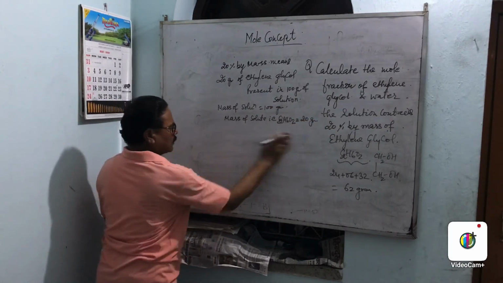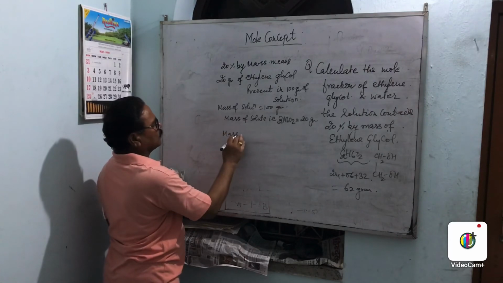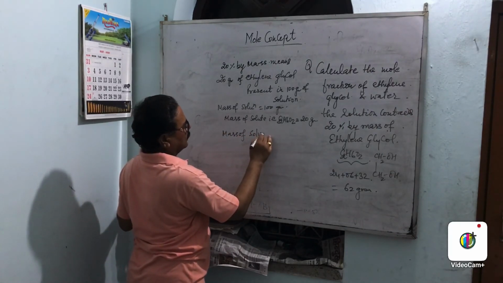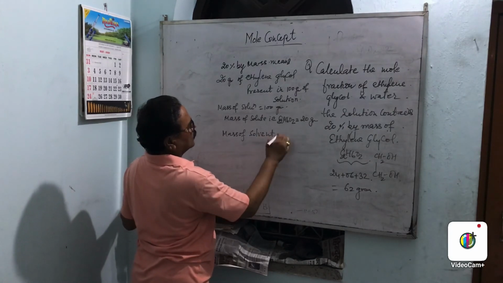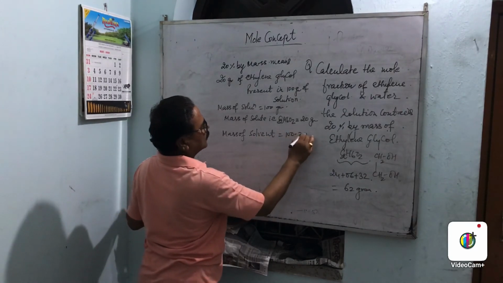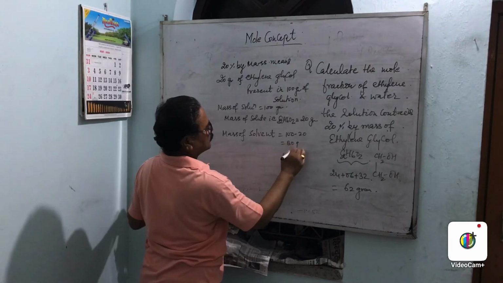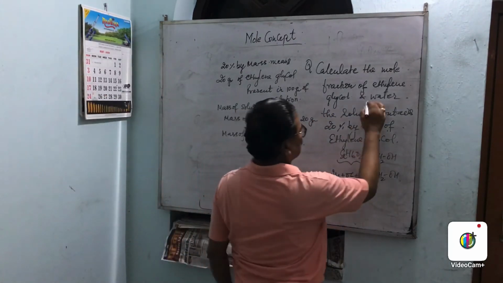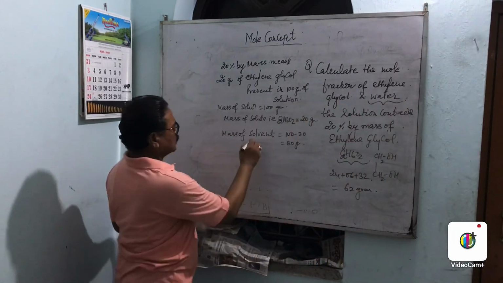From here you note the mass of solvent. This is 100 minus 20, that is 80 gram. Now the solute is dissolved in water, so water is the solvent here.